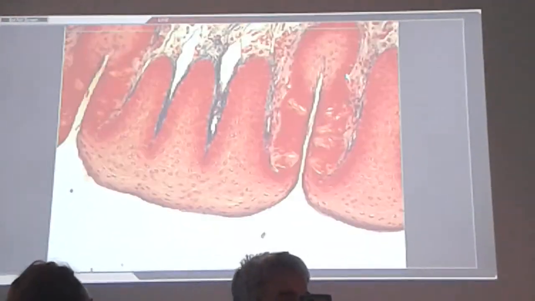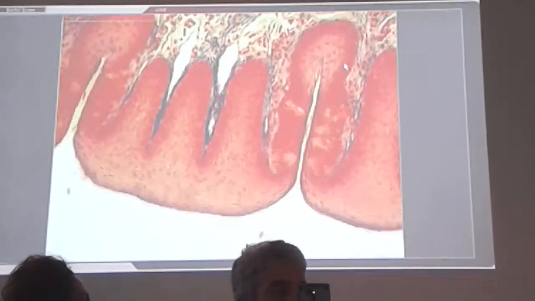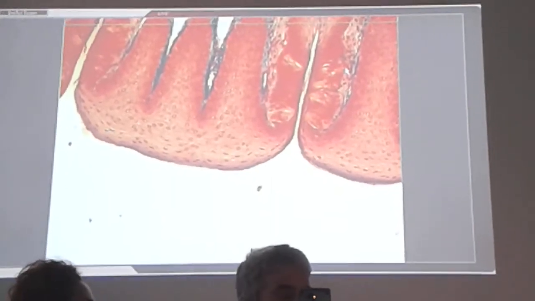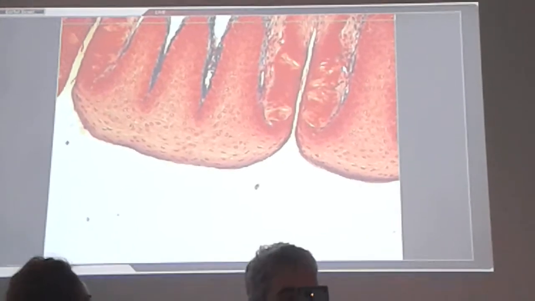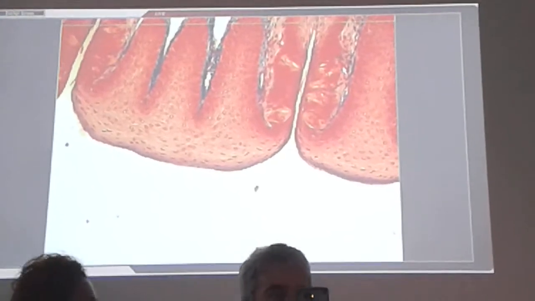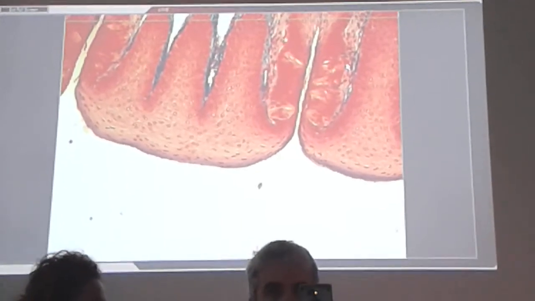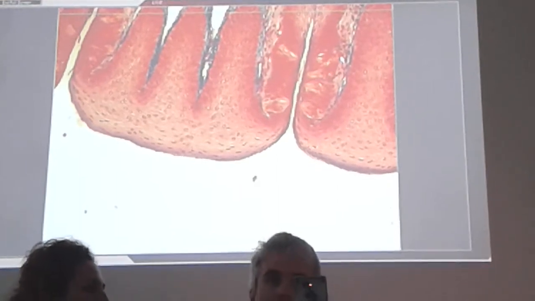Those taste buds are really oval-shaped cell gatherings, but they have special neuroepithelium type of cells functioning for taste recognition.